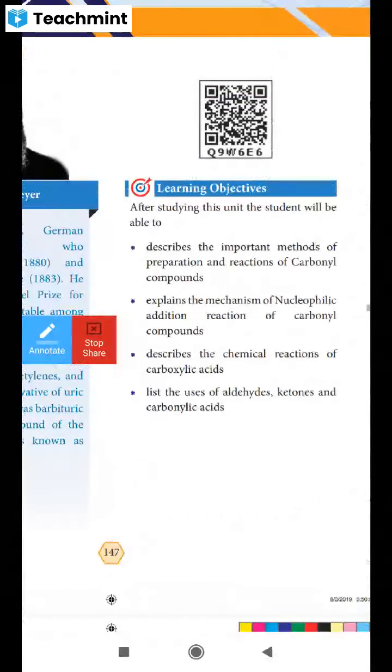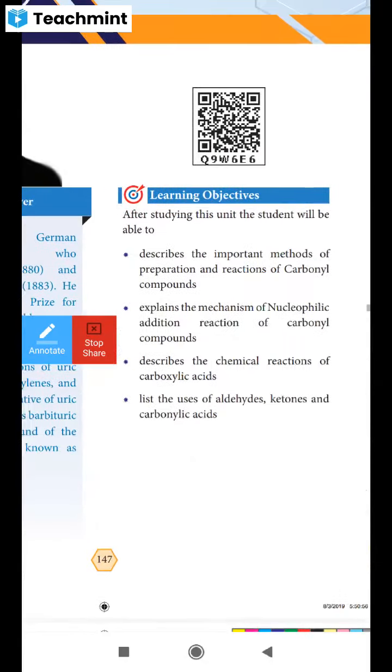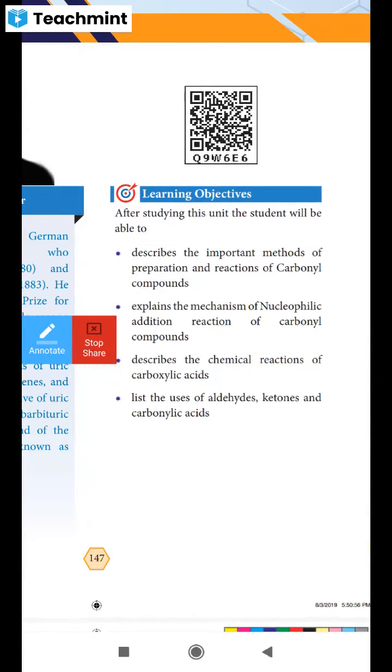These are all known as carbonyl compounds. Why are we calling them carbonyl compounds? Because the functional group contains carbon and oxygen. The functional group will definitely have carbon and oxygen, so we call them carbonyl compounds.